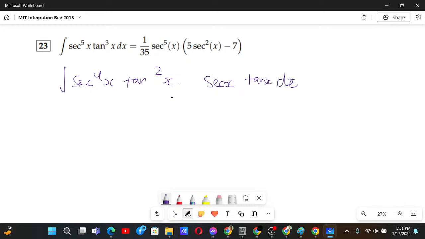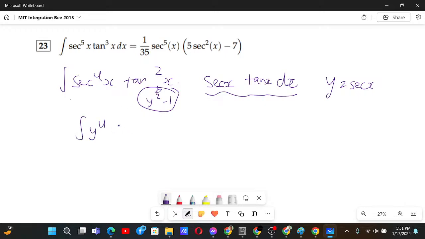Now if you group them like this, you will see that if you let y as sec x, this will just be dy, and this will be y square minus 1, because sec square theta minus 1 is tan square theta. So this will be y to the power 4 times (y square minus 1) dy, and this gives us y to the power 6 minus y to the power 4 dy.